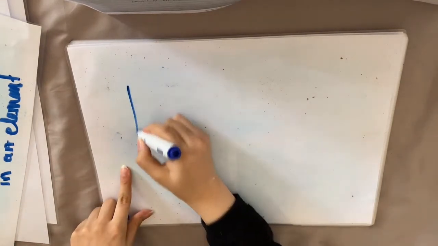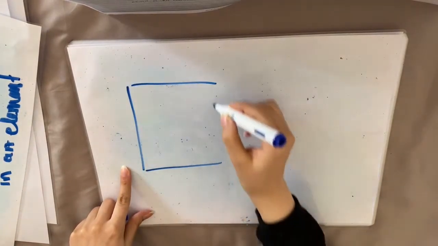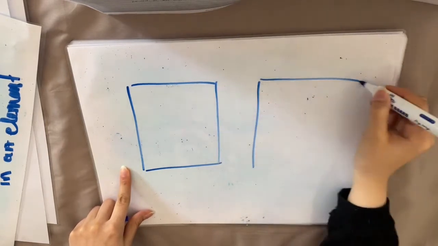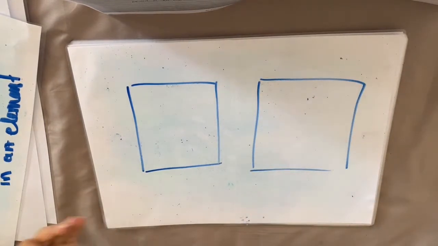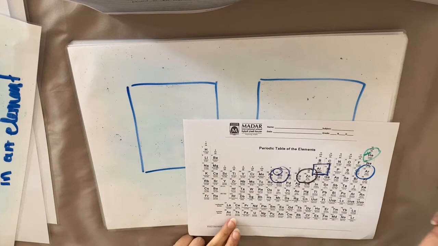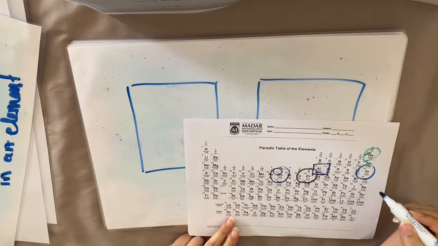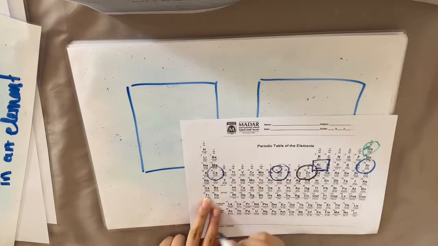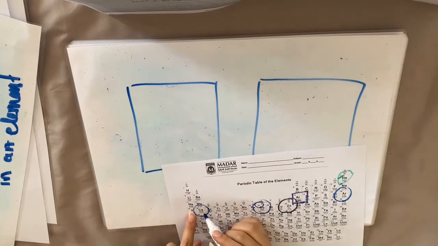Let's take more examples. Okay, so this is our box number 1 and box number 2. What do we want to find? Let's say we are gonna look for calcium. Where is calcium? Calcium is here. So simply look at the periodic table.